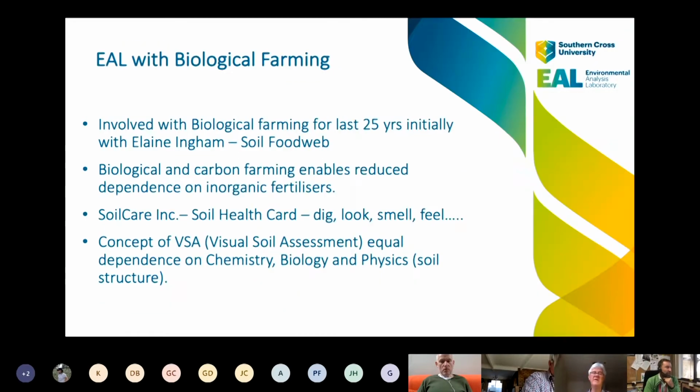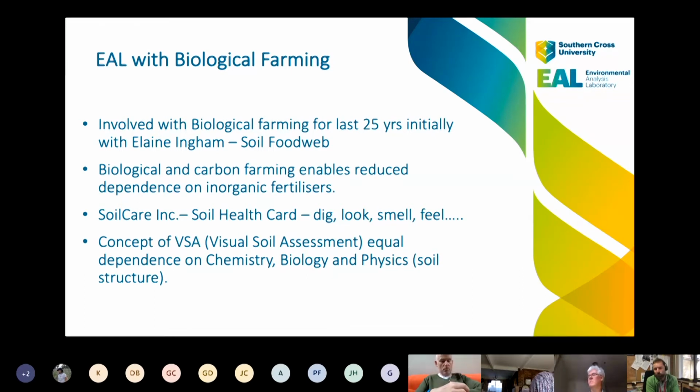All right, so basically, like I said, involved with Soil Food Web, Elaine, and many other biological pioneers. Biological and carbon farming, it's just about having less dependence on inorganic fertilisers. In some cases, you still do need it. You do need to replace nutrients, and I'll be talking about that through the presentation.